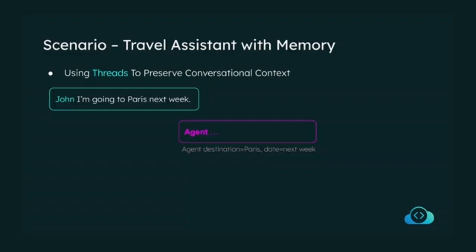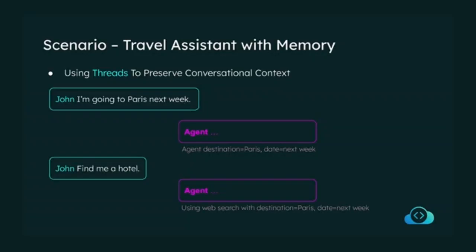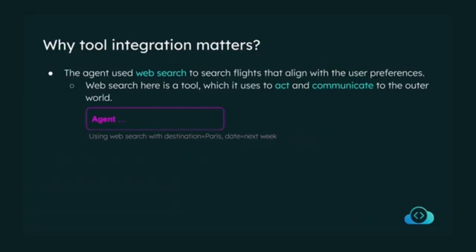So the relevant variables here are obviously the destination Paris and date set to next week. Now, if you prompt the agent like, hey, find me a hotel, the agent would be able to use some kind of a tool against the values that are stored in the memory. So maybe it can use a web search tool. So that's how tool integrations come into play.